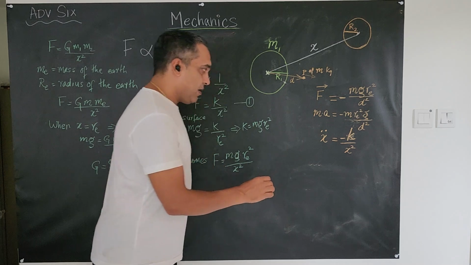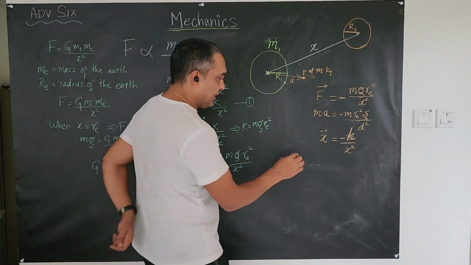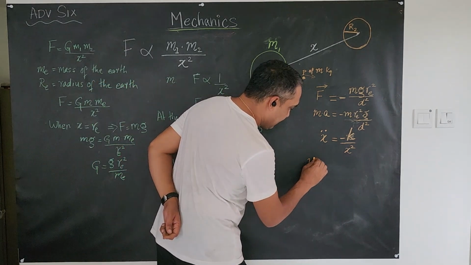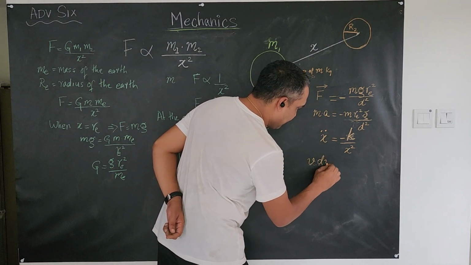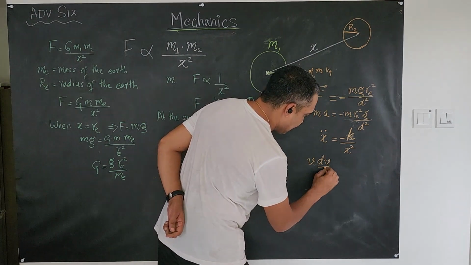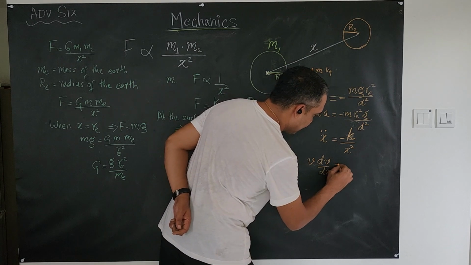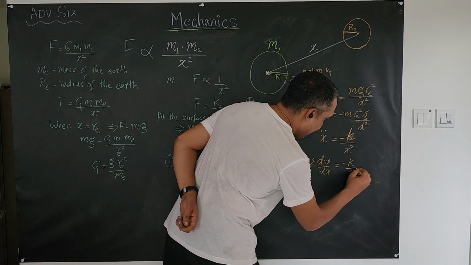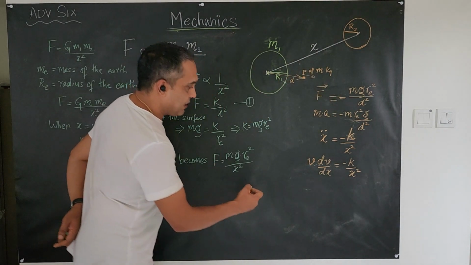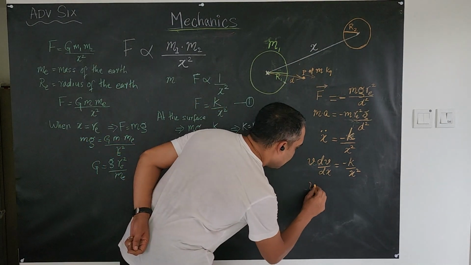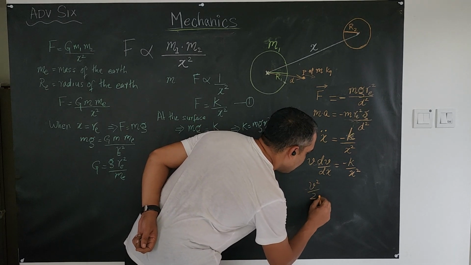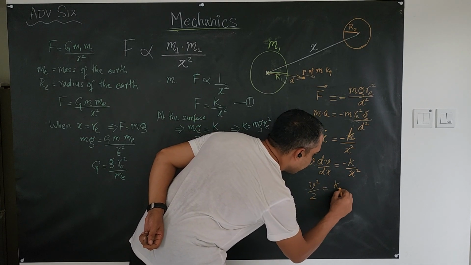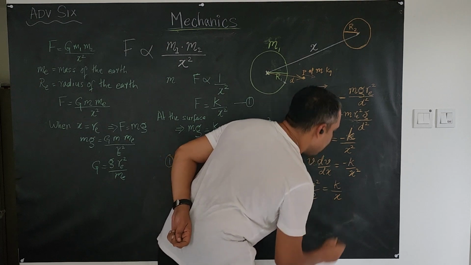What happens here? If you remember, when we have an equation like this, we can also write V dV by dx is equal to negative K by x squared. If you know your integration, V squared by 2 is equal to a positive K by x.